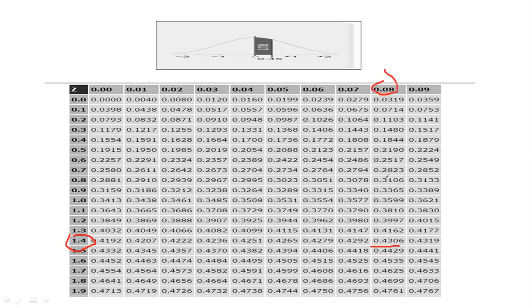So the area of 0.43, not shaded, with respect to the z score value, the z1 value is 1.48.